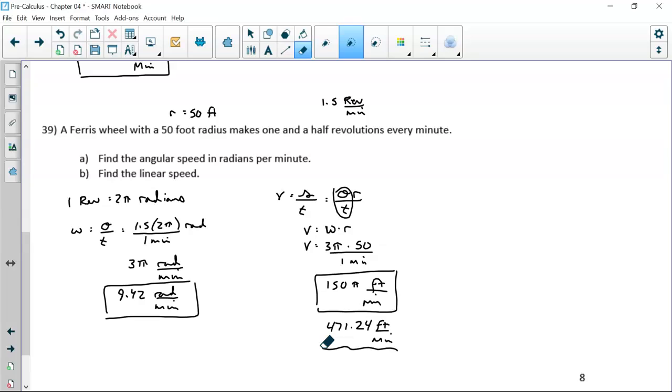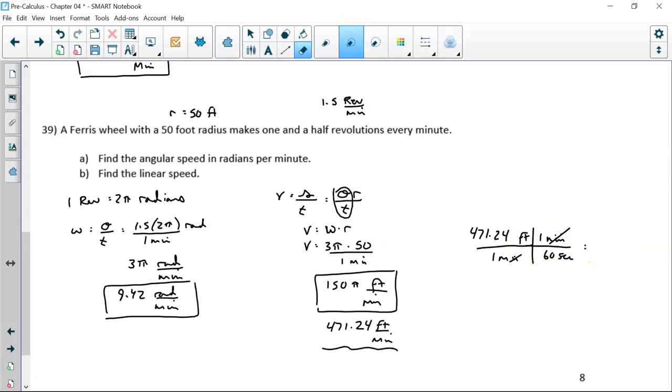It doesn't ask us to change anything, so we can leave it like that in feet per minute. If we wanted to change it to feet per second, 471.24 feet for every 1 minute, what we'd have to do is convert minutes to seconds. Now 1 minute goes on top, 60 seconds goes on the bottom.